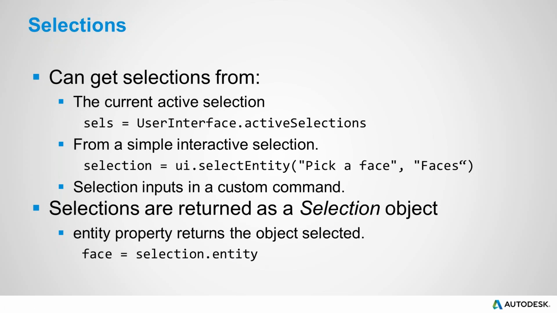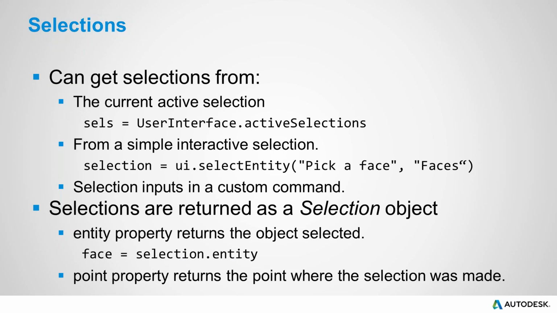The reason for this selection object is I get back what was selected through this entity property, but I also get more information. It's useful because I get back the actual point where it was located, so I might want to use that for something. And in the future, we can add additional information. Maybe there's some context of how it was selected: was it selected in the graphics window, or in the browser?